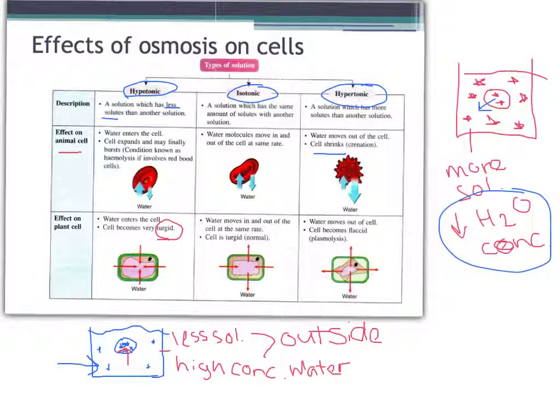Because of the cell wall in the plant cell, we are not going to have as drastic a change in appearance as we would in the animal cell. Water's going to move out. The vacuole is going to shrink, and along with it the membrane, remember it's fluid, is going to move as well.